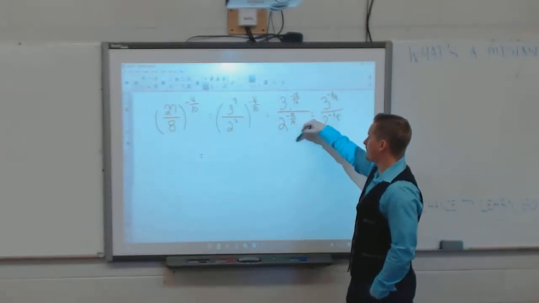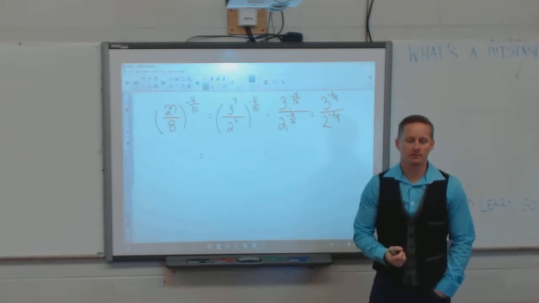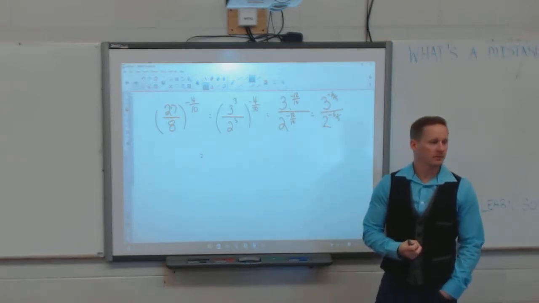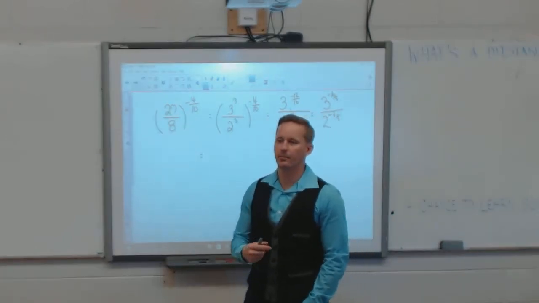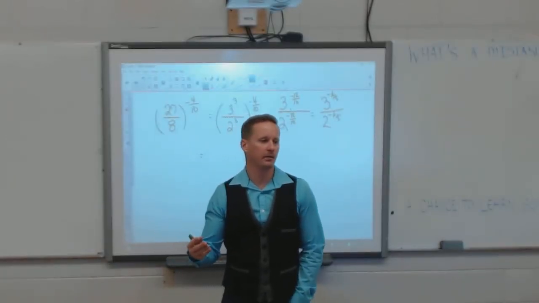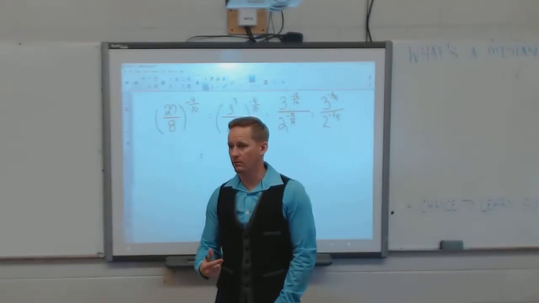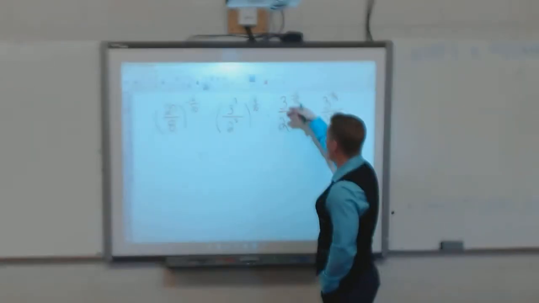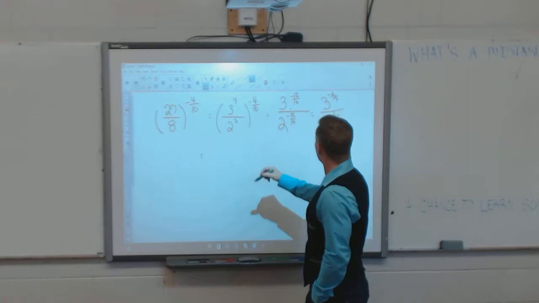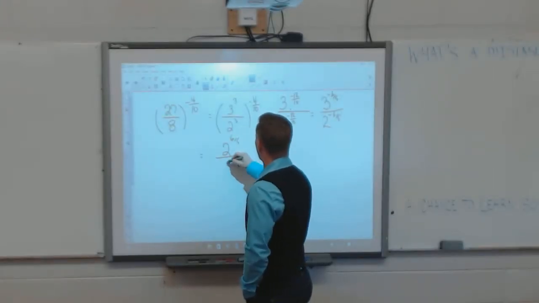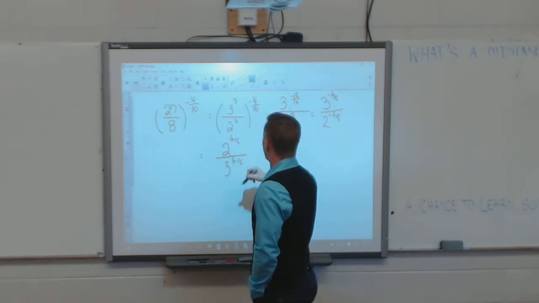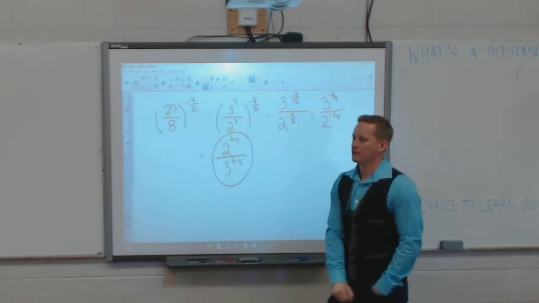When I flip the top with the bottom, what's that called? Inverse. No. It's called reciprocate. Right? Reciprocate it. Make it its reciprocal. So that means I've taken the top, moved it to the bottom and the bottom to the top. So here's what I get. 2 to the 6 over 5 over 3 to the 6 over 5. Done.